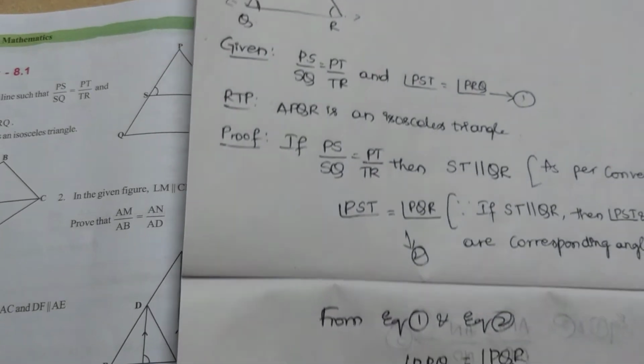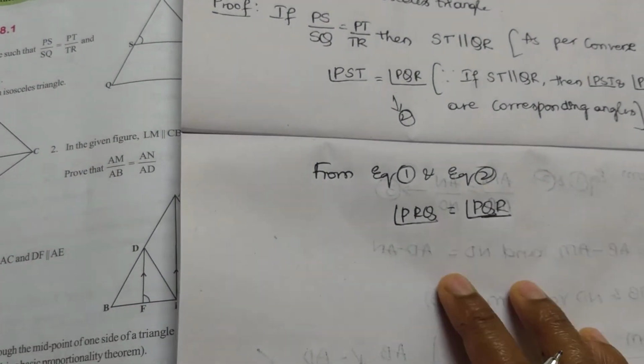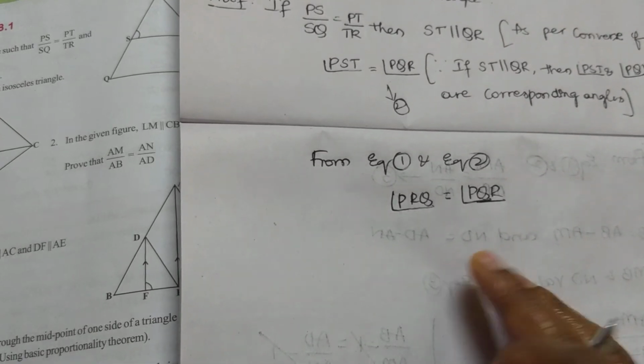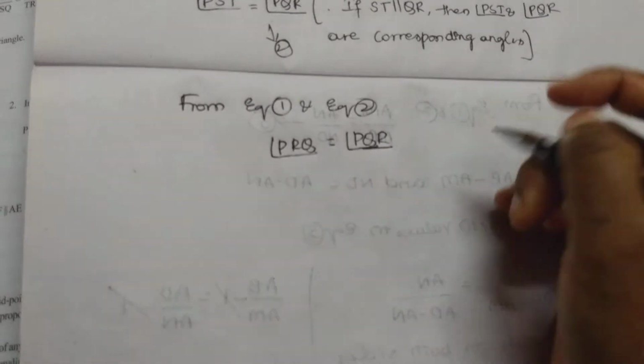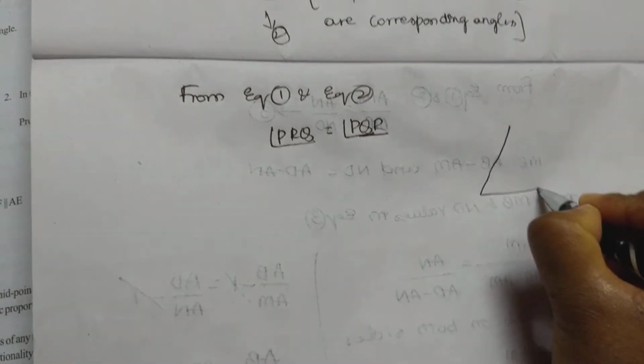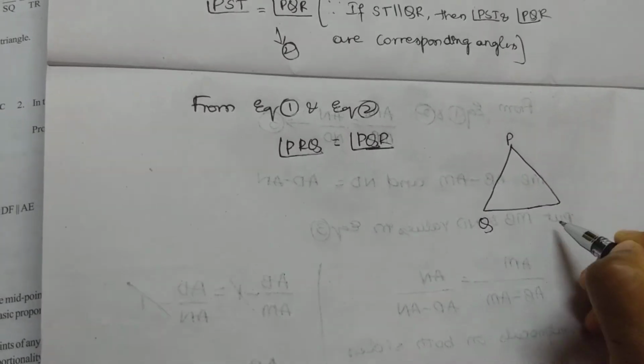We have learnt in class 9 that when two angles of a triangle are equal, then their opposite sides are equal. Let me make you clear. This is triangle PQR.